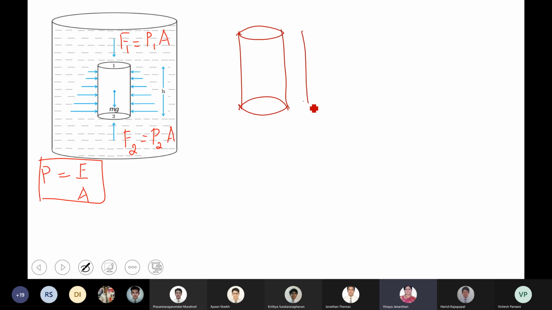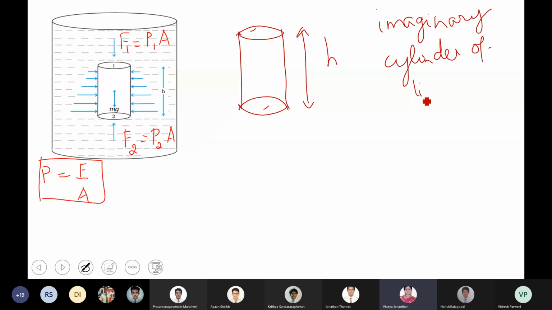The height of the cylinder is h. The area of cross section of the top surface and the bottom surface are the same. Are you clear?